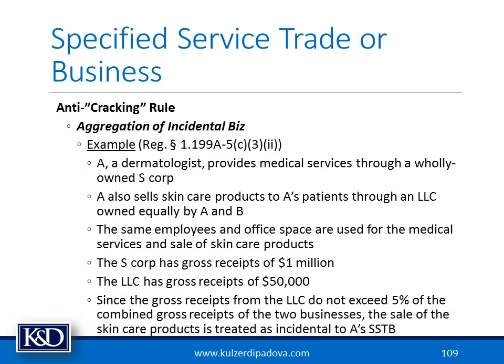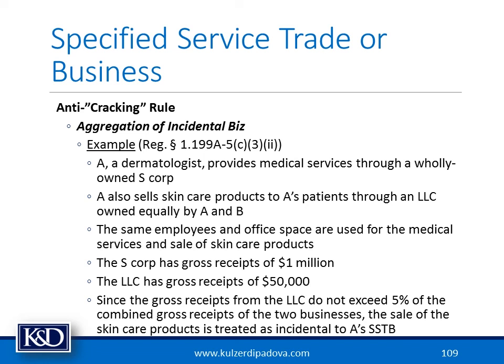And this example is right out of the regs. So you have a dermatologist who provides services through a wholly owned S corporation. The dermatologist also sells skincare products to his patients through an LLC that he owns with an unrelated person B. But the same employees and office space are used for the medical services and the skincare product sales. So it's done on site at the doctor's office. The S corp earns $1 million, and the LLC has gross receipts of $50,000.